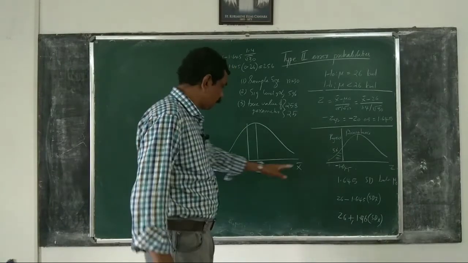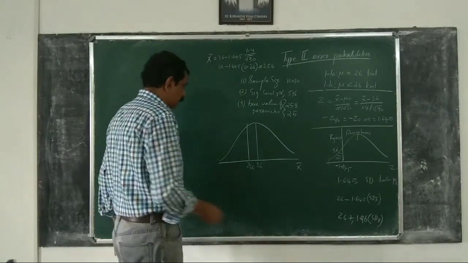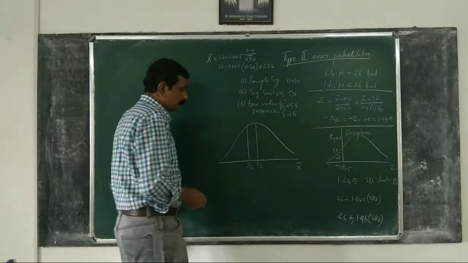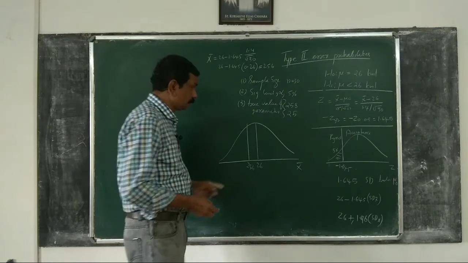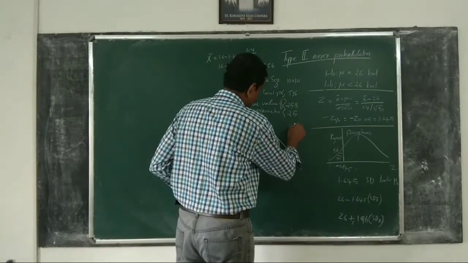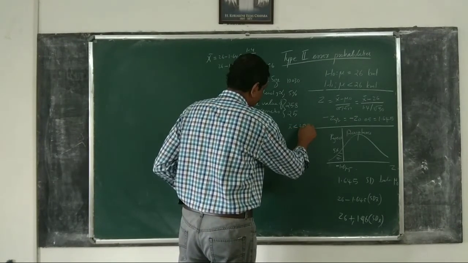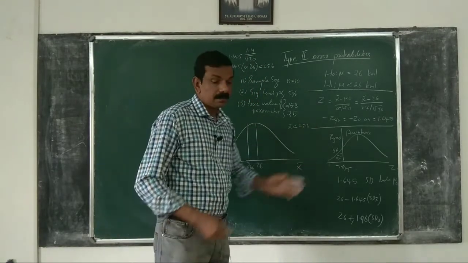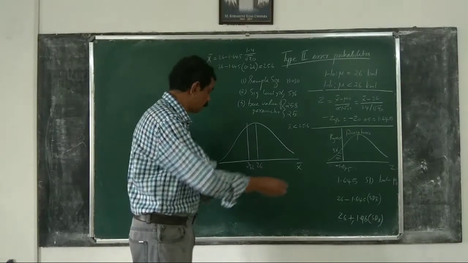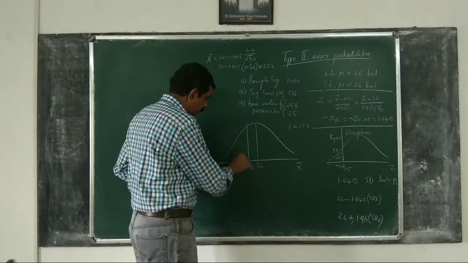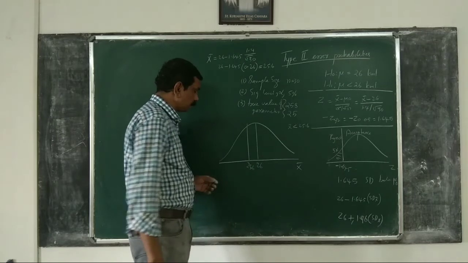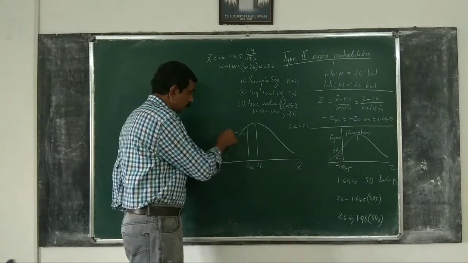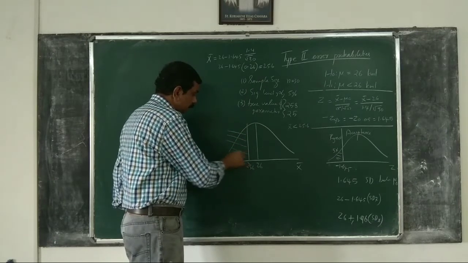Now, in terms of x bar, the decision criteria is reject H0 if the value of x bar is less than 25.6, because only 5% of x bar will be less than 25.6. So this is the critical region.